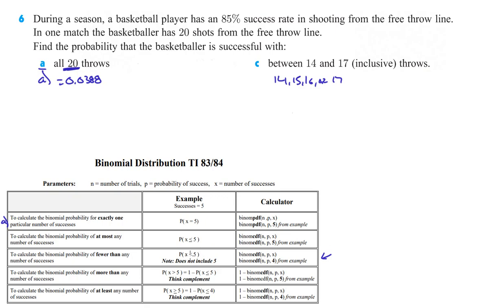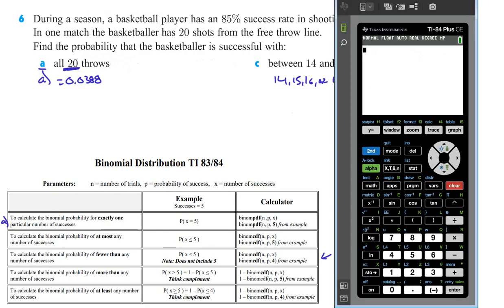So we can do this one right here for fewer than 17. This one would include 17, so we're going to put 17 in for this number right here. So we're going to do binomial CDF. Second variables. I tested this out a little bit earlier just to make sure that it works, so I actually have some of my data in here.